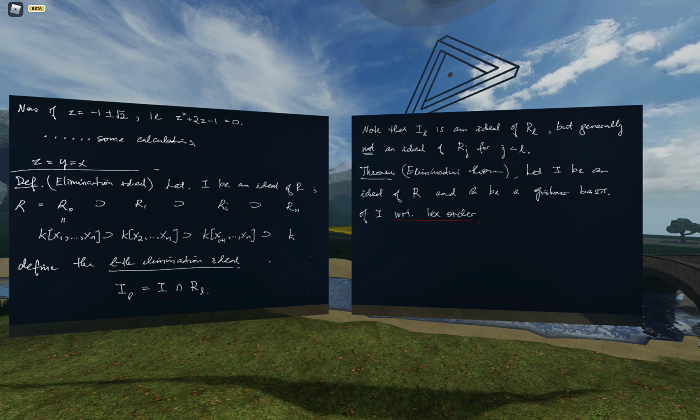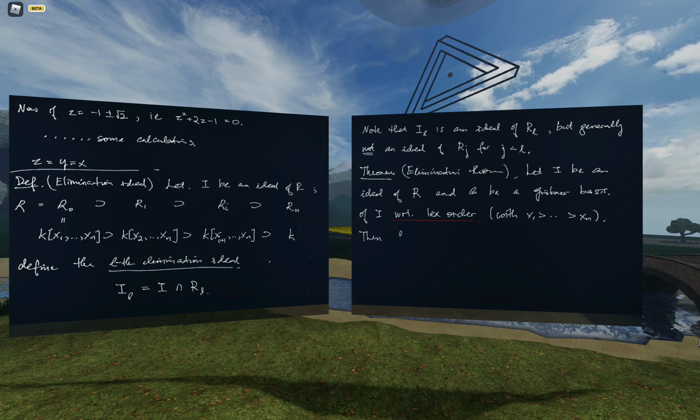And I'm going to underline this. You need that. Can't use any old order here. And I guess I should say, I don't think it matters which one order, but let's fix one just so that we are explicit.